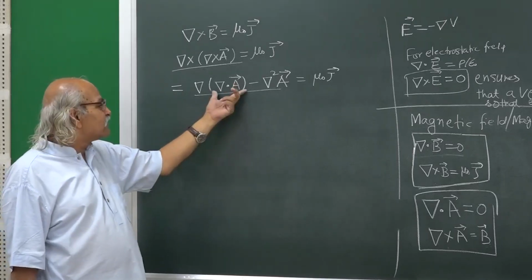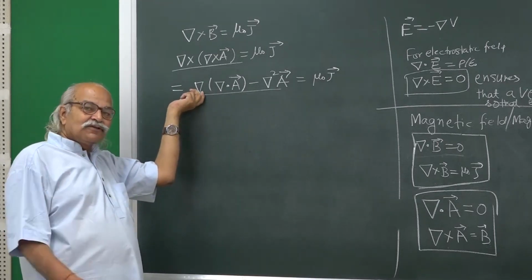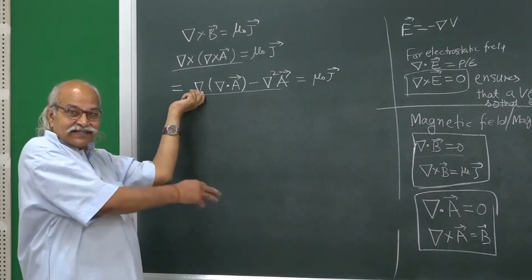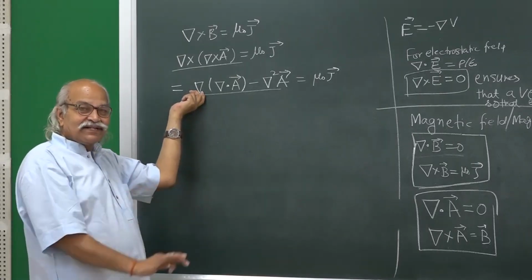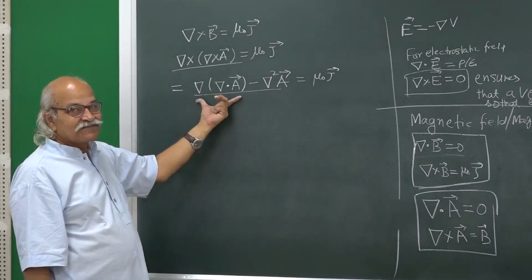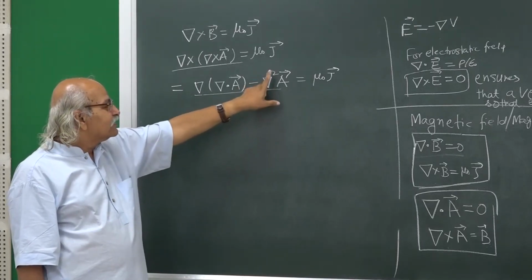So, this scalar function is there, and then do this gradient operation. For gradient also you have expressions for Cartesian coordinates I have written, and similarly for cylindrical, polar and spherical. So, do that, again you get a vector function, and on this side this operator del square is written.